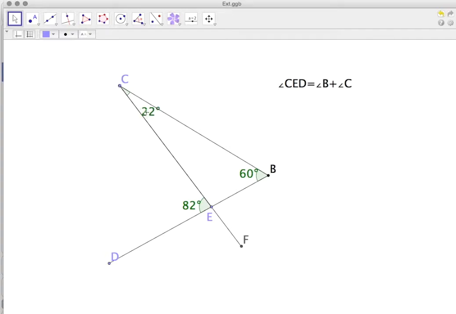Well, if you recall, these two angles are called linear angles, and they add up to 180 degrees. So this is the missing angle here that would make this one add up to 180 degrees. Now, in a triangle, there's also 180 degrees.